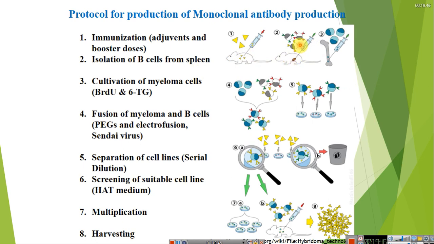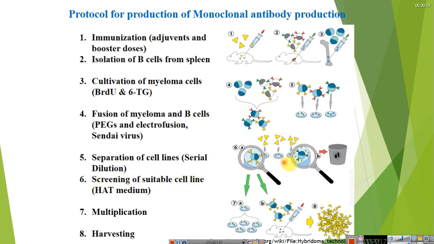We cultivate the myeloma cells in the presence of BrdU and 6-TG, so we have HGPRT positive myeloma cells. Now we allow the fusion of the plasma cells with the myeloma cells in vitro, and then we select the hybrid cells on HAT medium.